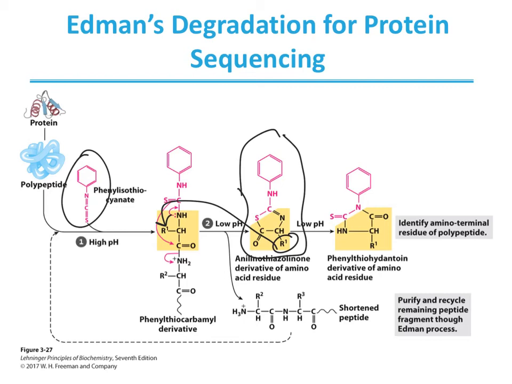Then that is further treated with acid and identified. So based on what this is, you can figure out what the amino acid at the N-terminus was. And then you essentially do this over and over and over again, reacting the amino acid at the N-terminus with phenyl isothiocyanate, cleaving that last amino acid, analyzing it, and then repeating.